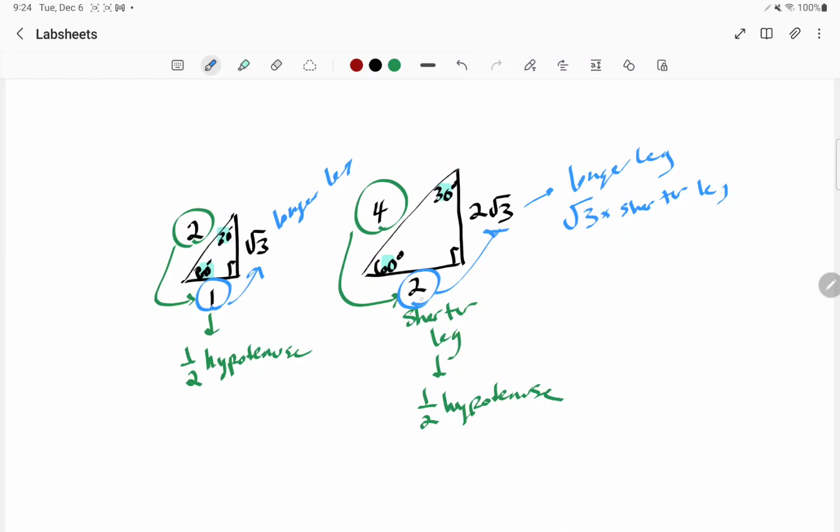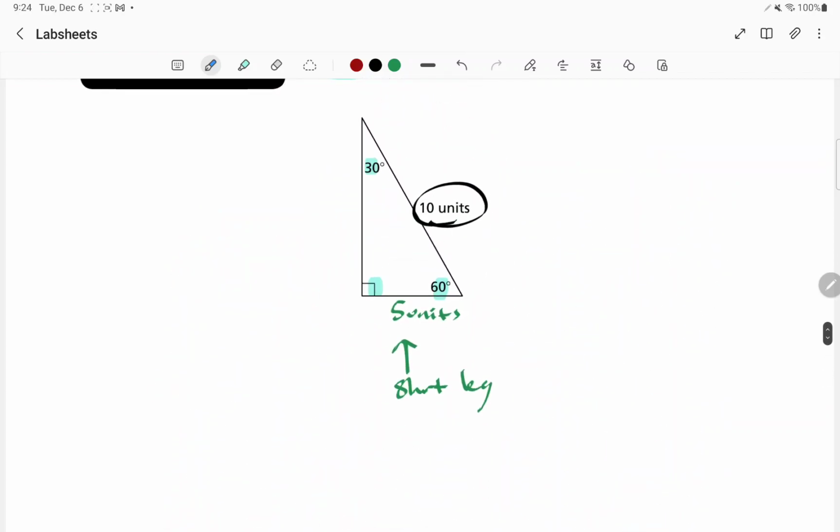Right, so in this case, the shorter leg was 2, and so the longer leg is going to be 2 times the square root of 3. Here, the shorter leg was 1, so it's going to be 1 times the square root of 3. So knowing that, if this is 5, the longer leg is going to be 5 times the square root of 3. Now, the cool part is we can always check that.